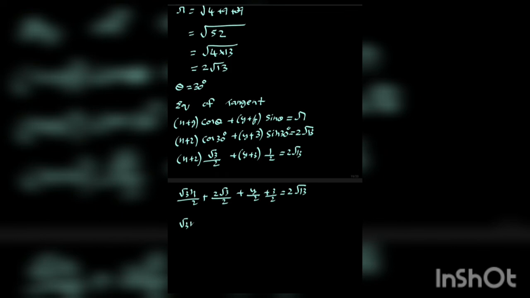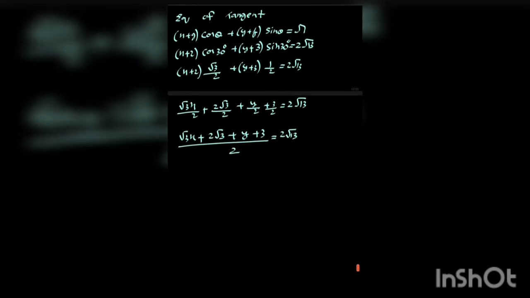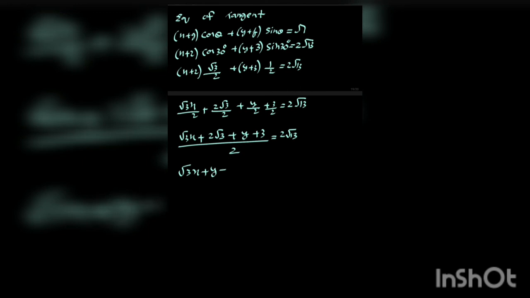So (root 3 x + 2 root 3 + y + 3) whole by 2 is equal to 2 root 13. Cross multiplication, 2 into 2 root 13, then it is 4 root 13. Root 3 x plus y plus 2 root 3 plus 3 is equal to 4 root 13.